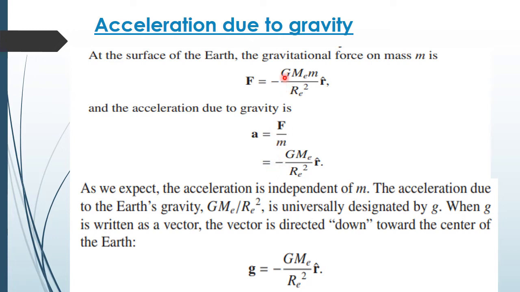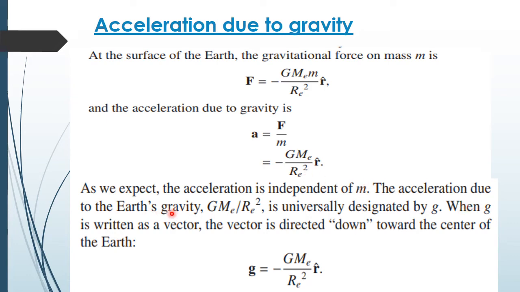Therefore, when we divide this equation by m, the m gets cancelled and we get acceleration due to gravity a = -G Me / Re² r-hat. As we expect, acceleration is independent of mass. There is no term m here. It is independent of m.